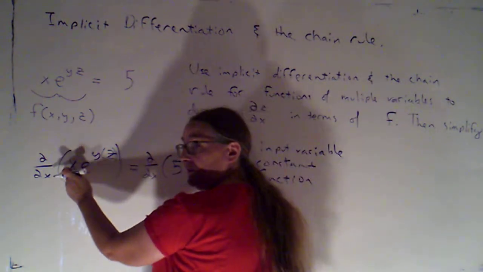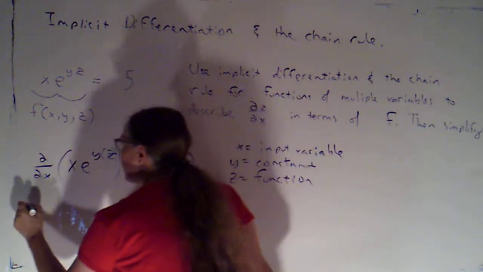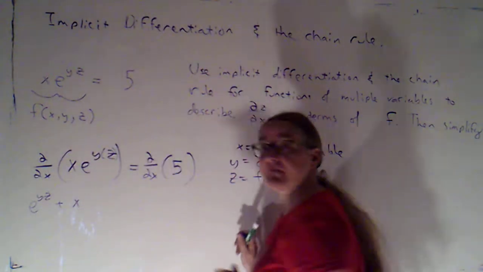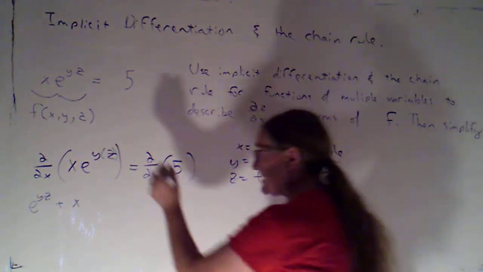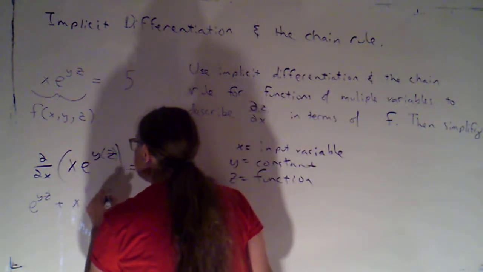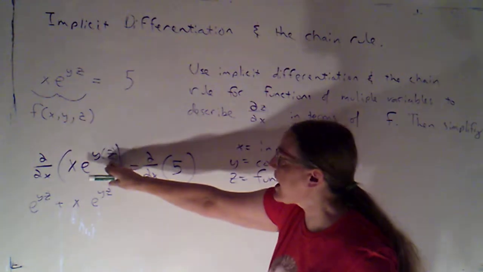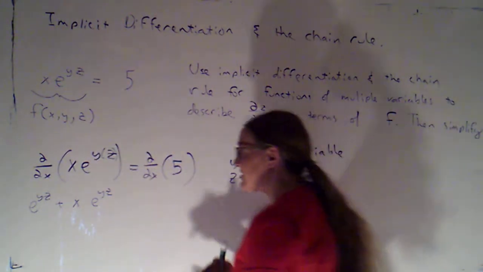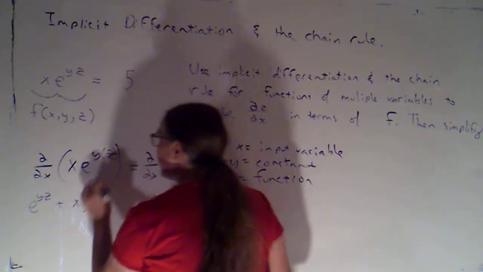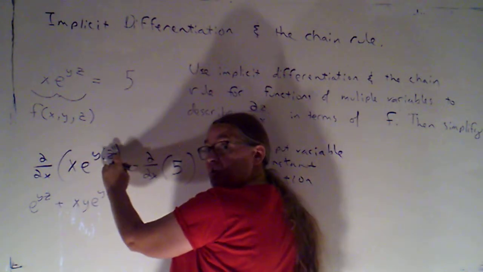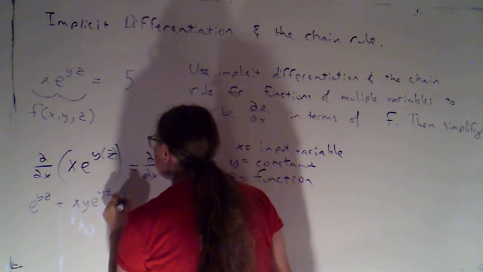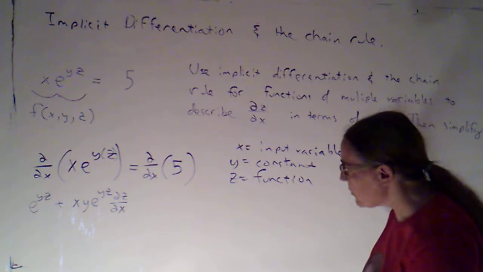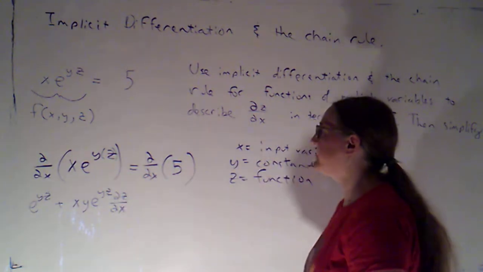So I would be saying the partial of x is just 1 times e to the yz plus x times, now I've got to take the derivative of e to the yz. So I'm going to get e to the yz, okay, but then times the partial with respect to x of yz. Now y is just a constant, so I'll get that y. And then z is a function, so I'm getting the partial of z with respect to x. Okay, so that's the product rule on the left-hand side.